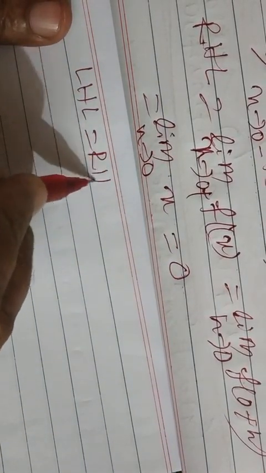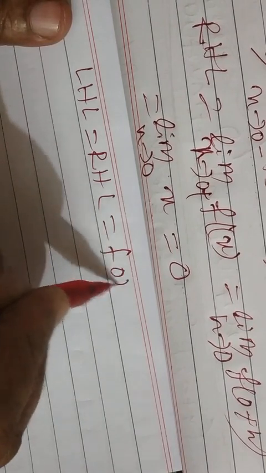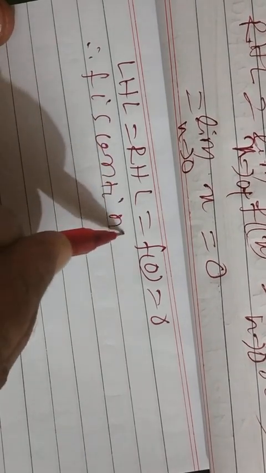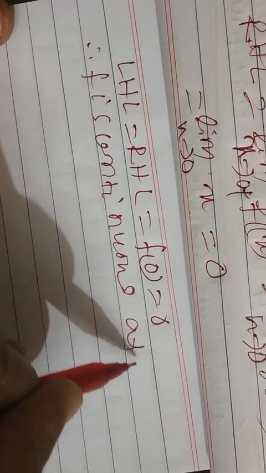So we got LHL equal to RHL equal to f of 0. All are 0. So what is the conclusion? f is continuous at x equal to 0. Okay, and in our next video we will take more examples on continuity of a function.